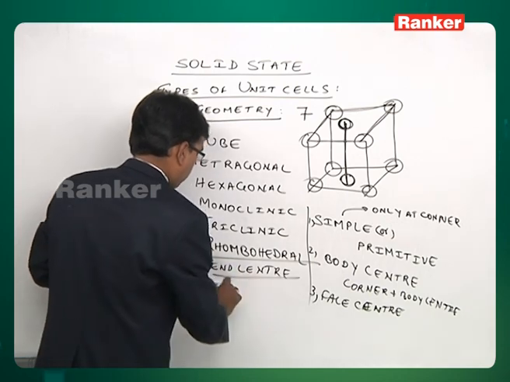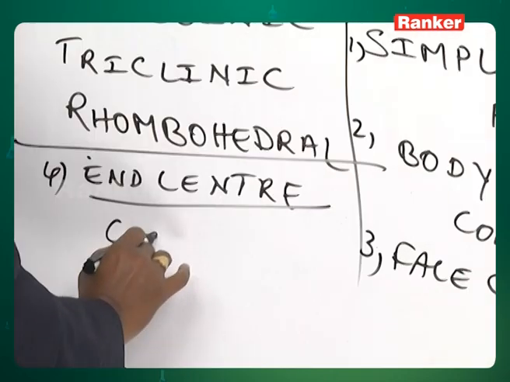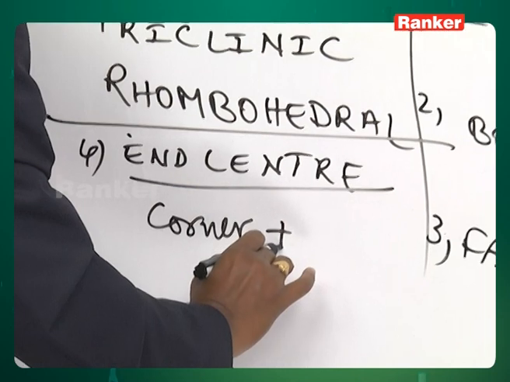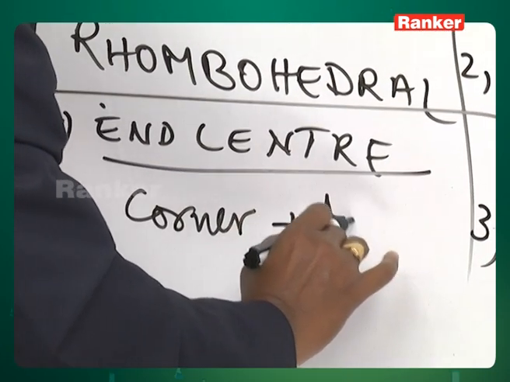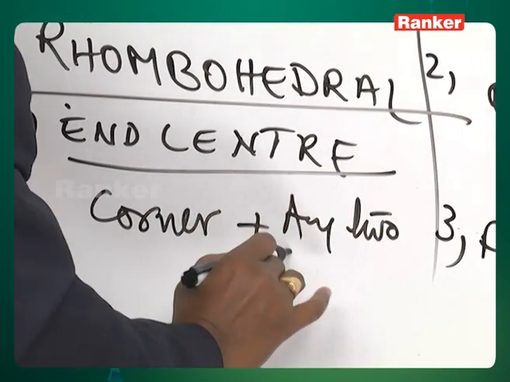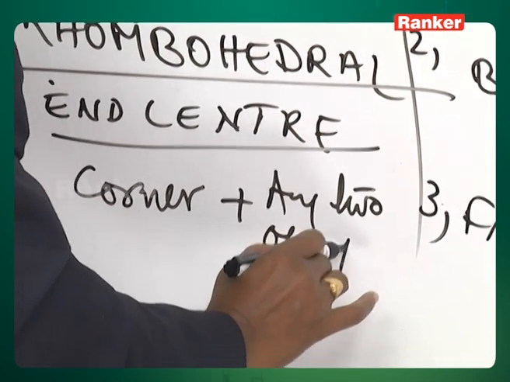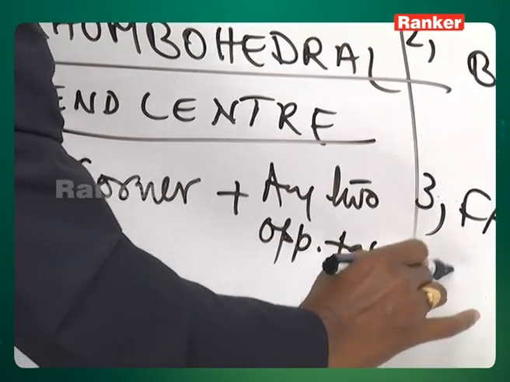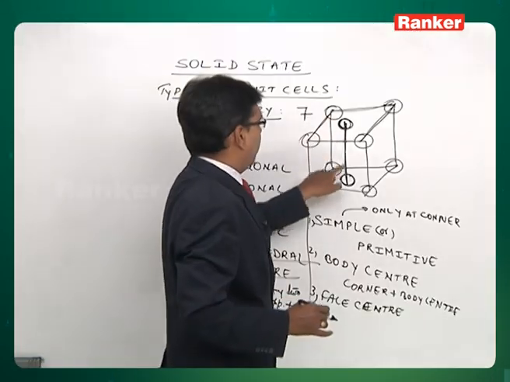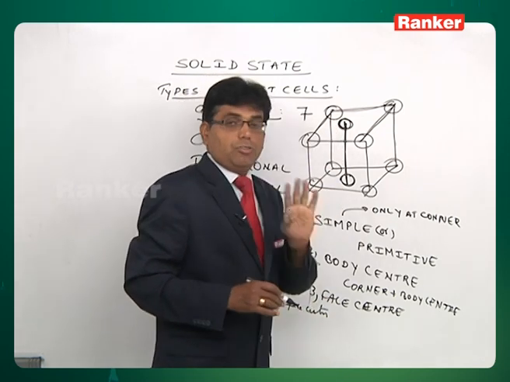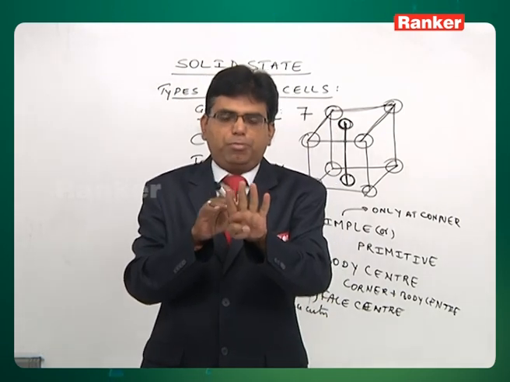End centered means corners plus any two opposite face centers, like this. So these are the 4 types of unit cells.